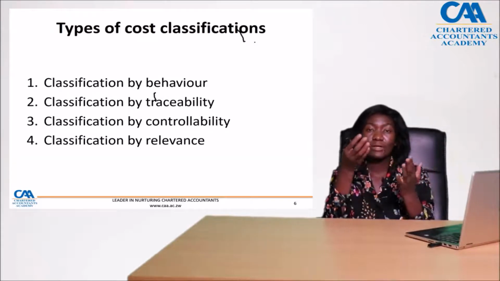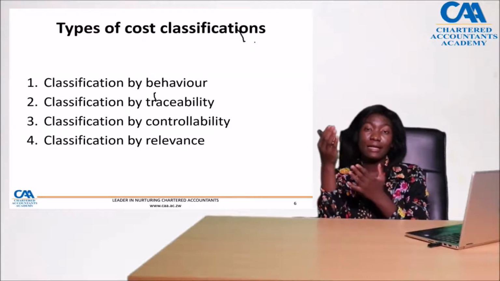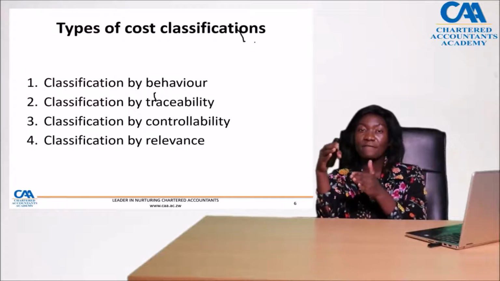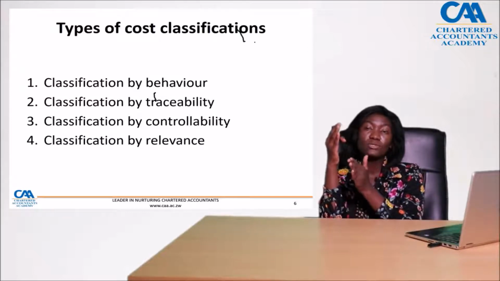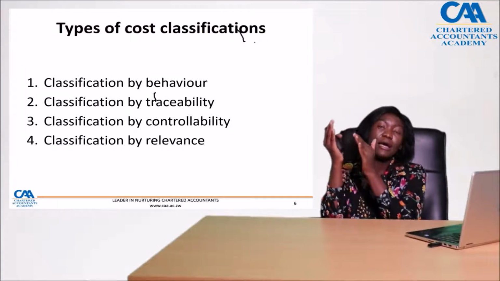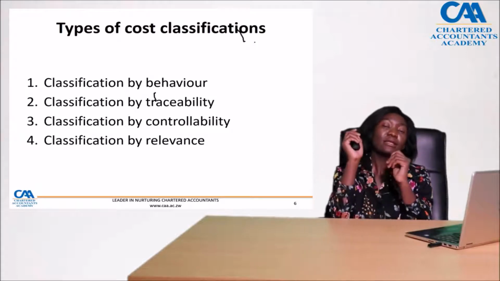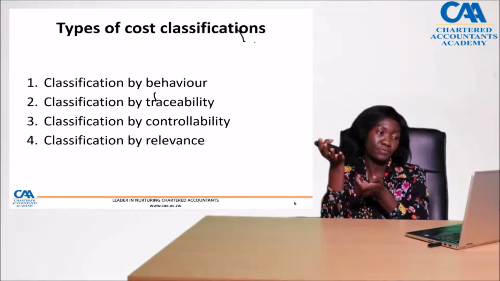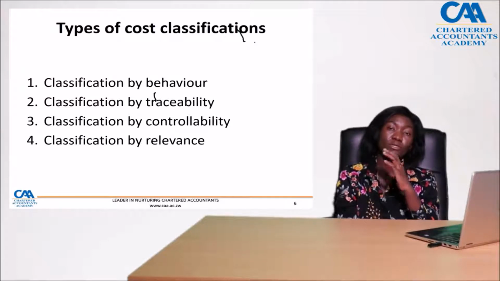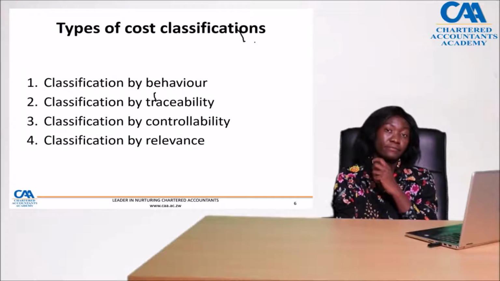So I am supposed to get an additional room, which likely comes at a higher charge. So it was constant at the 500 until I got to student 101. It then starts to increase up until a certain level, and then continues in a step-like fashion. So these are the costs we discuss when we speak about classification by behavior.